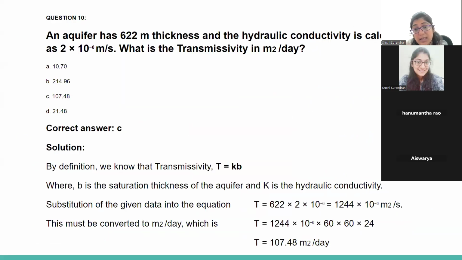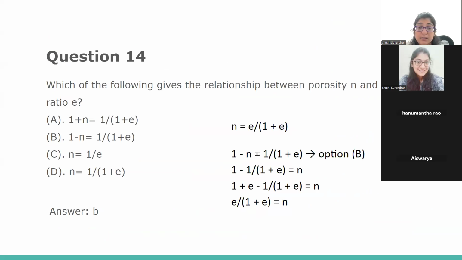Then this is another very important numerical portion that is sure to come: finding out the transmissivity. They'll give a very simple numerical. They'll give you the thickness and the hydraulic conductivity. Just multiply, you will get the transmissivity. So this is another sure shot numerical that can come. Then this is also a possible numerical that can come.